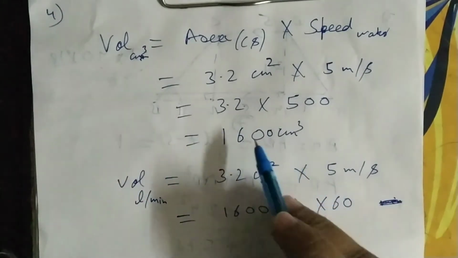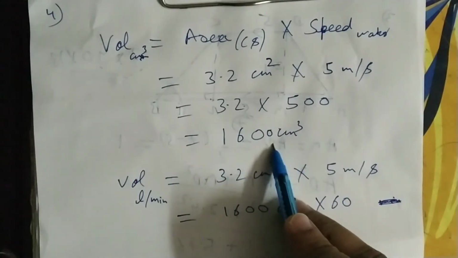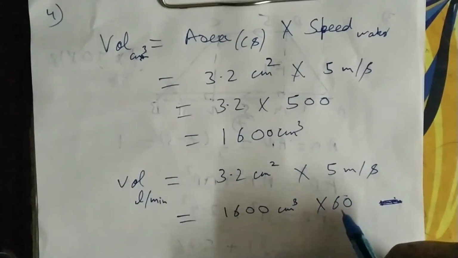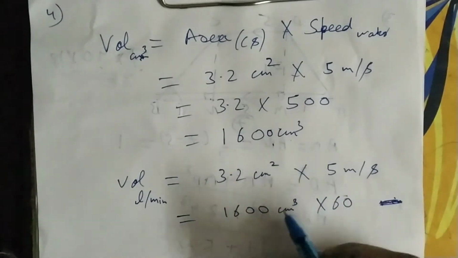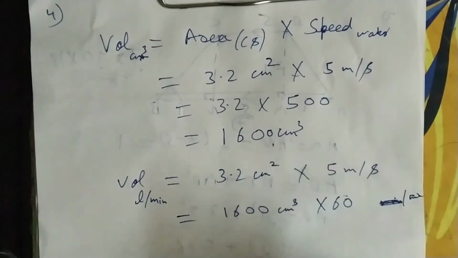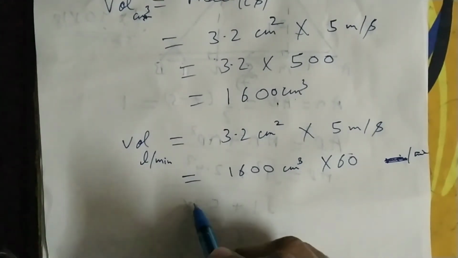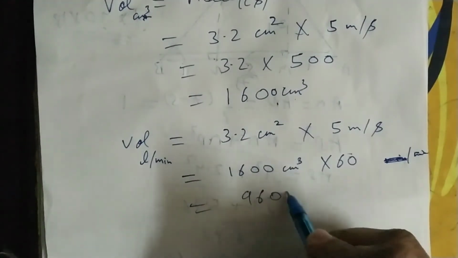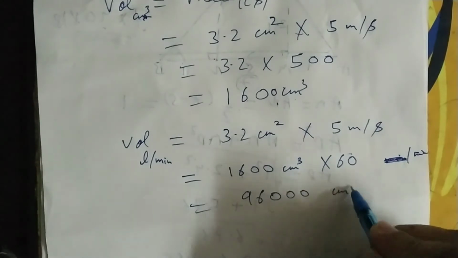So in 1 second 1600 centimeter cube. Now 1 minute means 60 seconds. So we multiply it by 60. So this will be per minute, 96,000 centimeter cube.